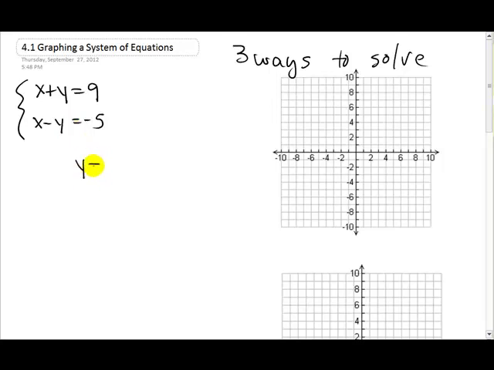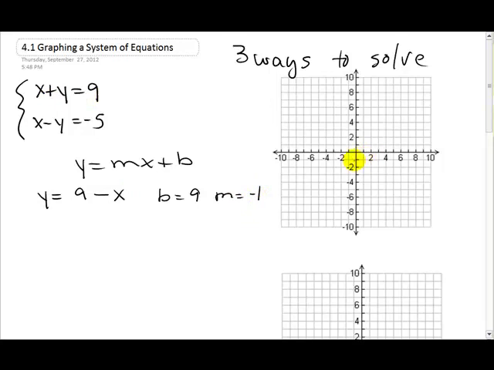And so I want this y equals mx plus b. So I want to get both of these into that format, and then when I do, I can graph it. So y will equal 9 minus x, b equals 9, m equals negative 1. That's my first equation.